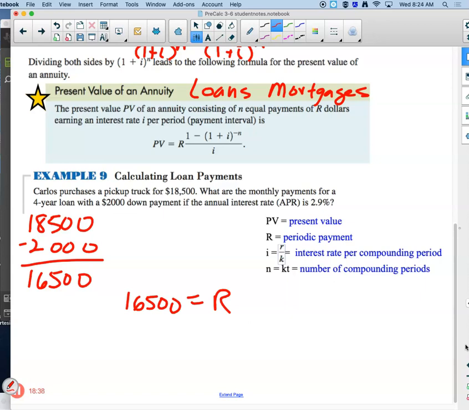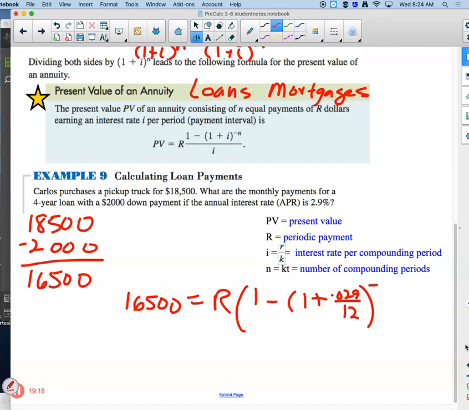Then we want to go ahead and use the rest of this formula, thinking through, all right, what's I? Remember, that's going to be the interest rate per compounding period. So 0.029 divided by, and like most loans for vehicles and for homes, it's going to be monthly, so 12. That's our K value. So 1 minus the quantity 1 plus 0.029 over 12 to the negative... And then we need the number of compounding periods.